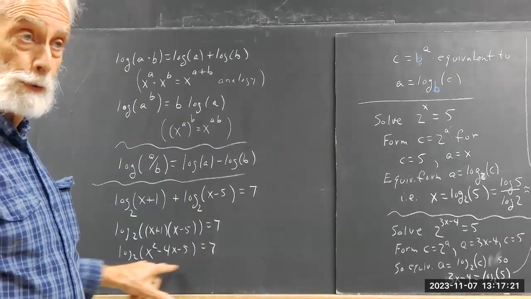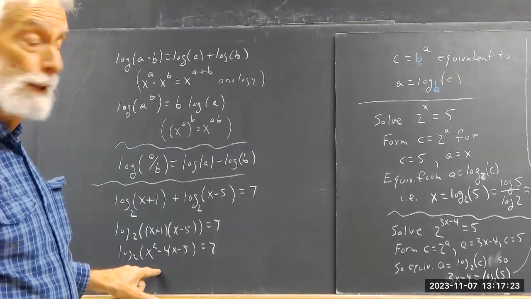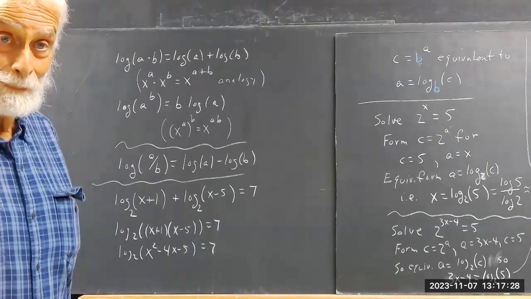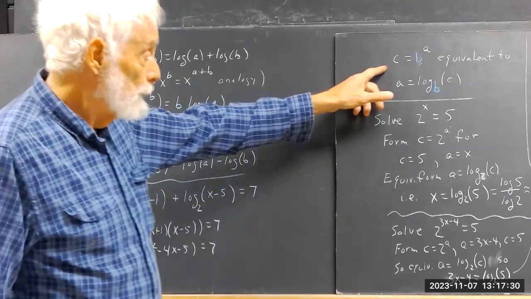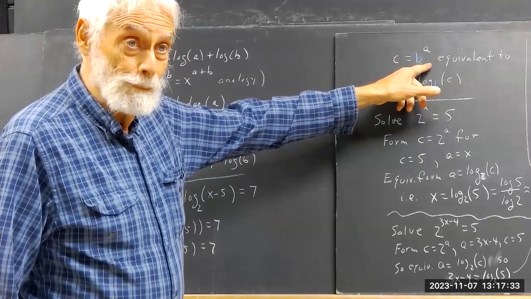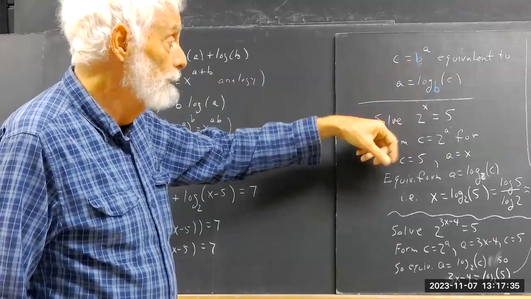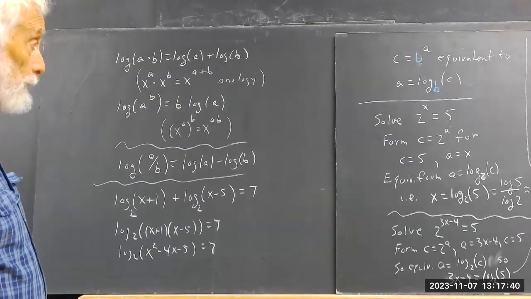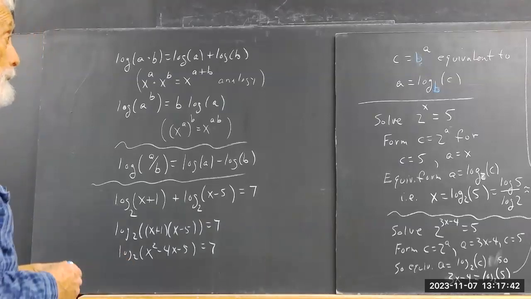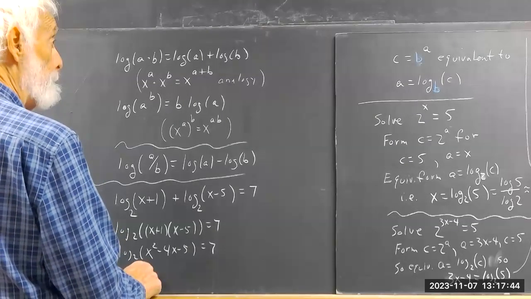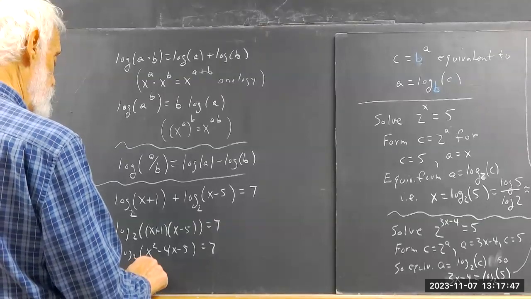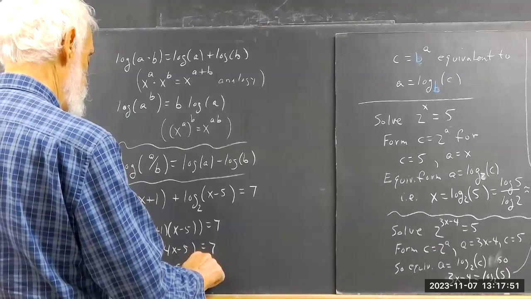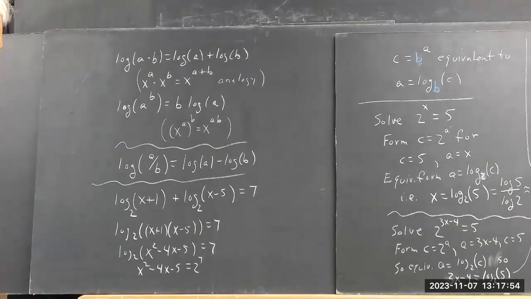And a is 7. Now we're trying to solve this for x. X is trapped inside this log function, but it's not really trapped because we can convert to this form. If we convert, with a equals 7, c equals x squared minus 4x minus 5, and base 2, we get x squared minus 4x minus 5 equals 2 to the 7th.